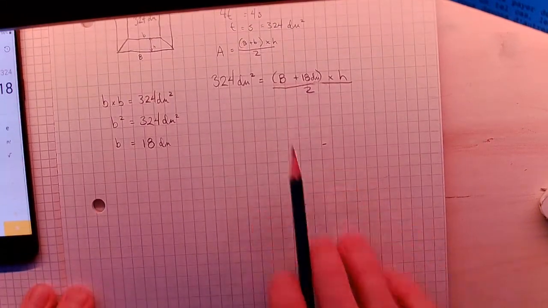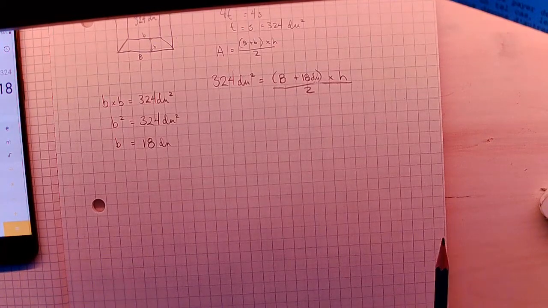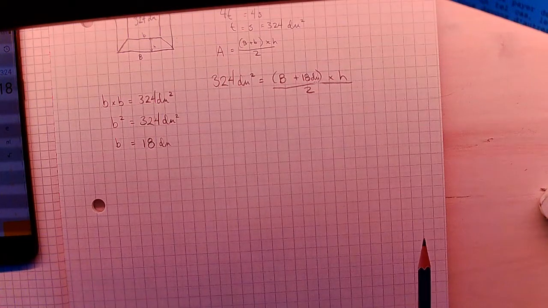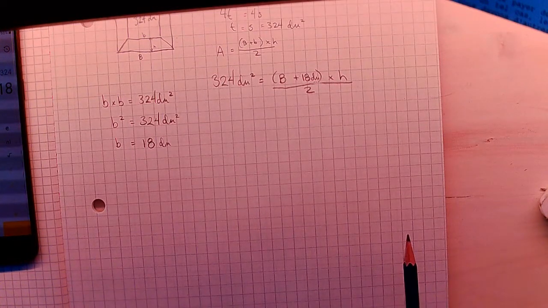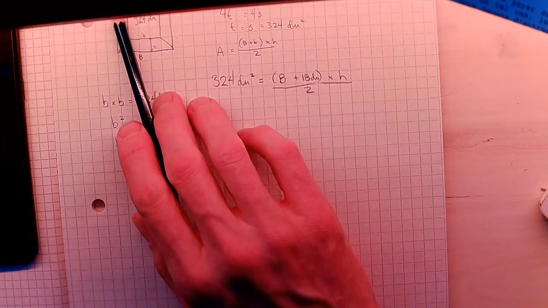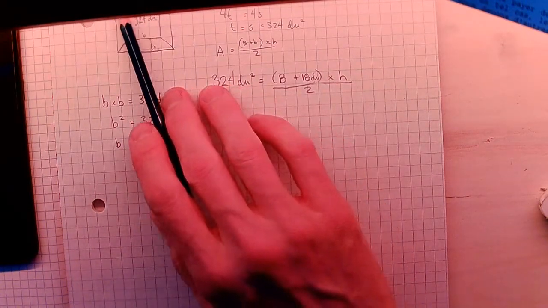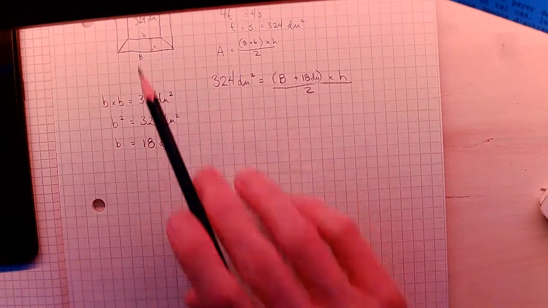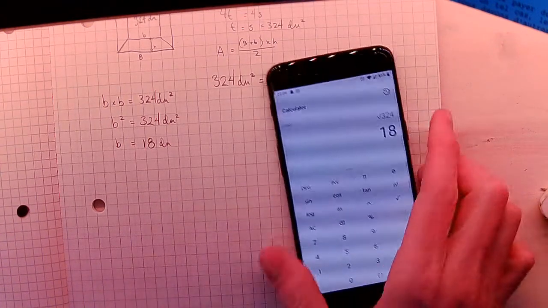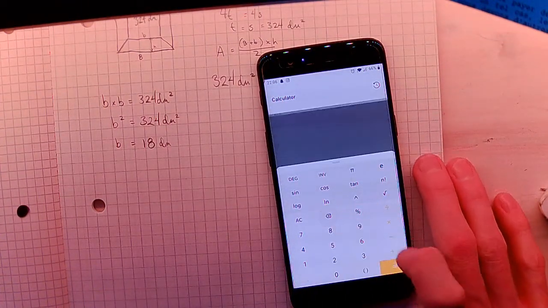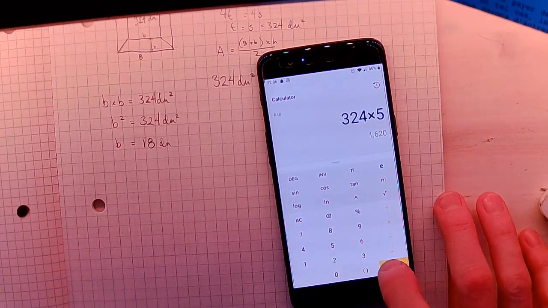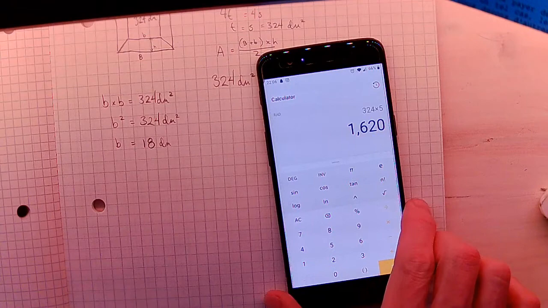And this is where our word problem comes back in to help us. Once joined together, the 5 tables have an area that is 5 times greater than the area of the small table in the center. What that means is the area of this overall square is equal to 5 times this. So again, we can get our calculator. And we can calculate 324 decimeters times 5 is 1,620.